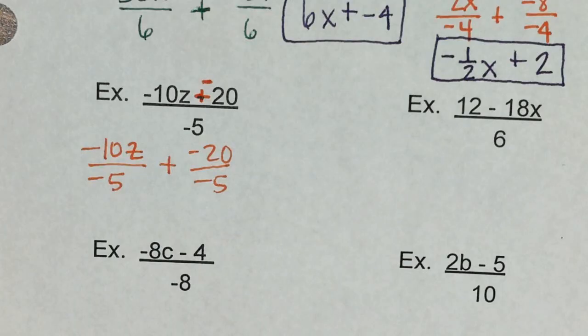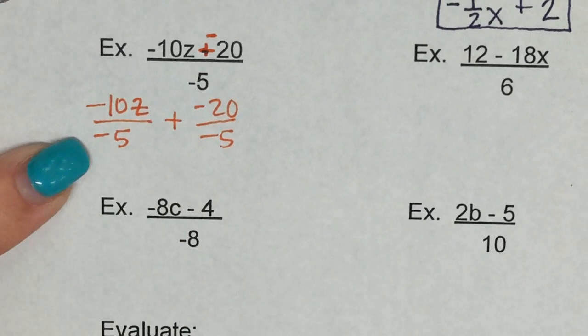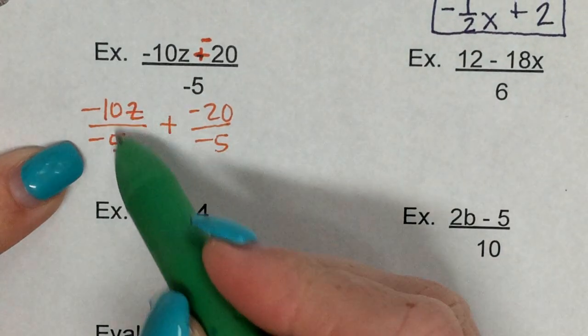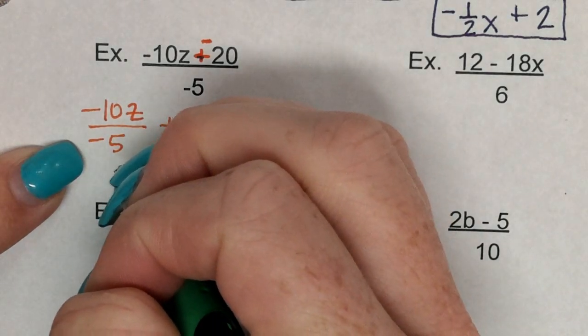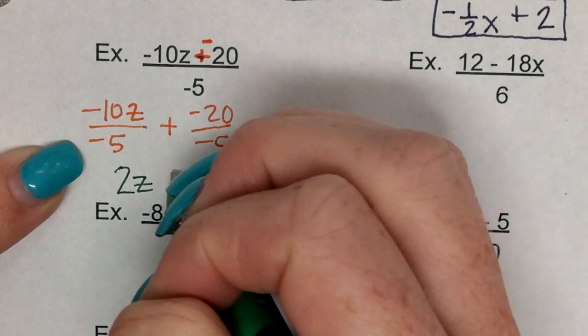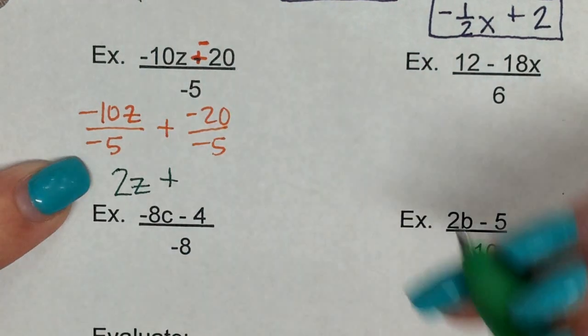Again, when you simplify, do not put the variable in your calculator because it's not going to know what to do with it. So what does negative 10 over negative 5 simplify to? You should know that. 2, so 2z, plus what's negative 20 over negative 5? Positive 4.